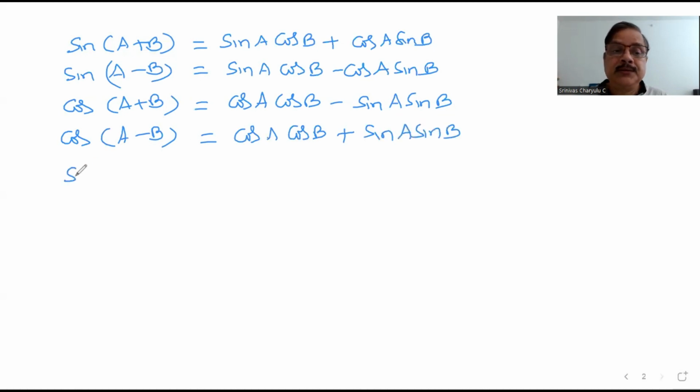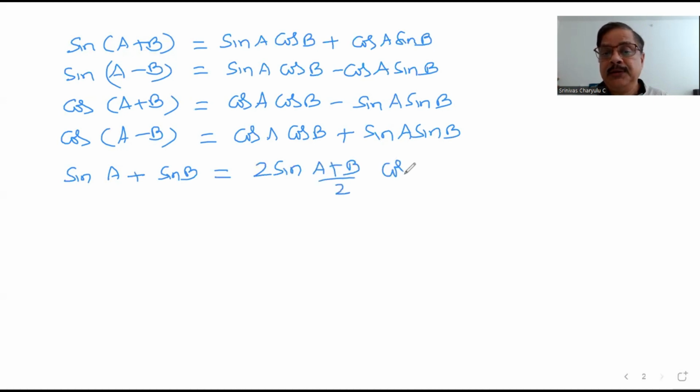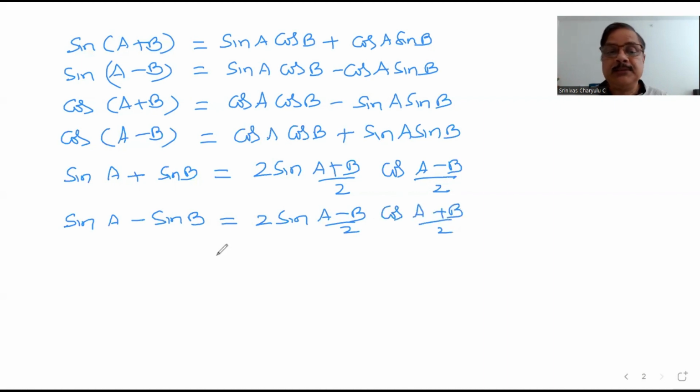Next, sin A plus sin B is 2 sin (A plus B)/2 cos (A minus B)/2. Next, sin A minus sin B is 2 sin (A minus B)/2 cos (A plus B)/2.